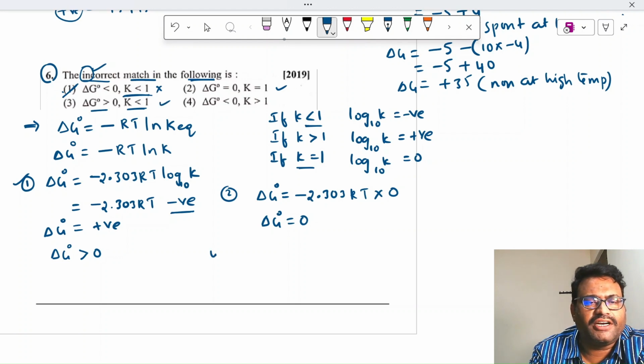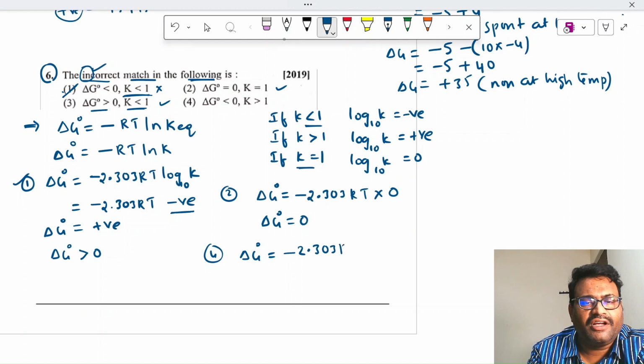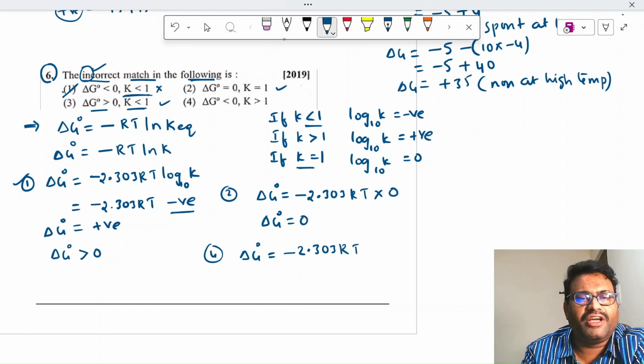And fourth option, let us see. Delta G naught is equal to minus 2.303 RT log K. Here K is greater than 1. If K is greater than 1, log K will be positive. So what will you get? A positive value.